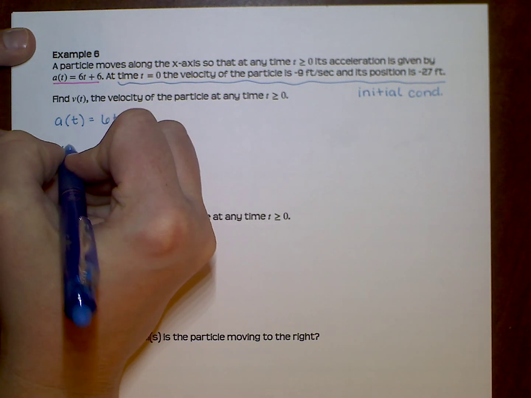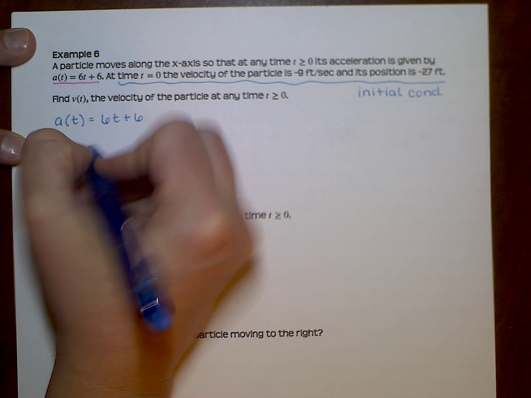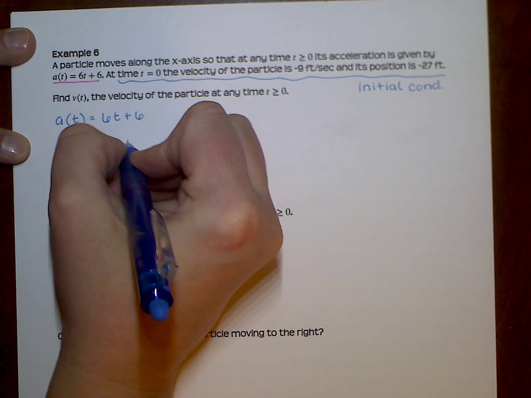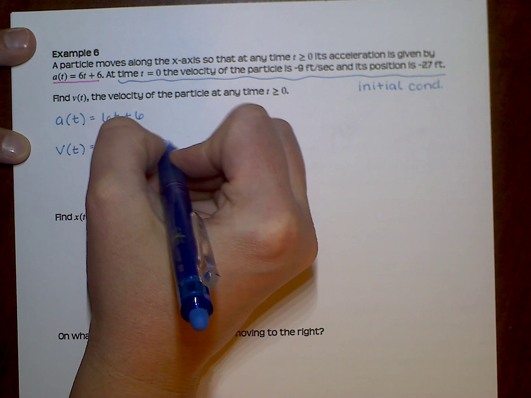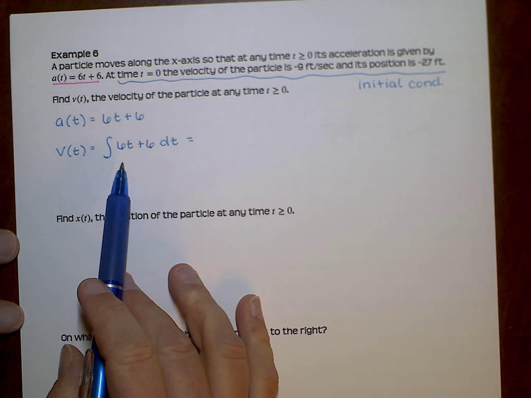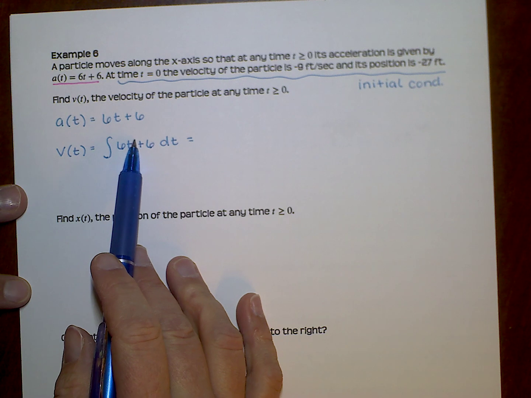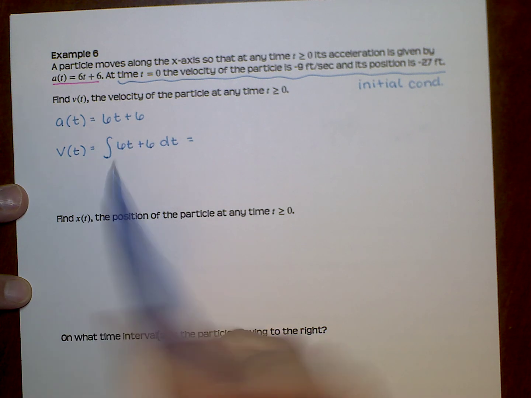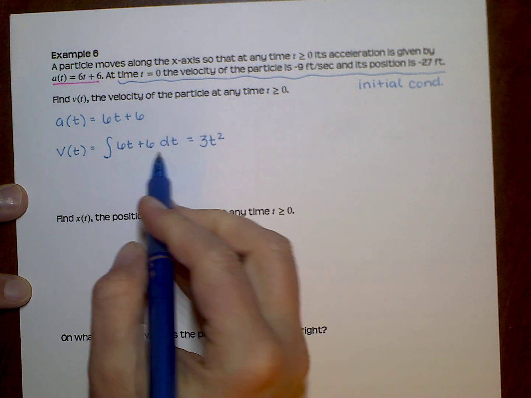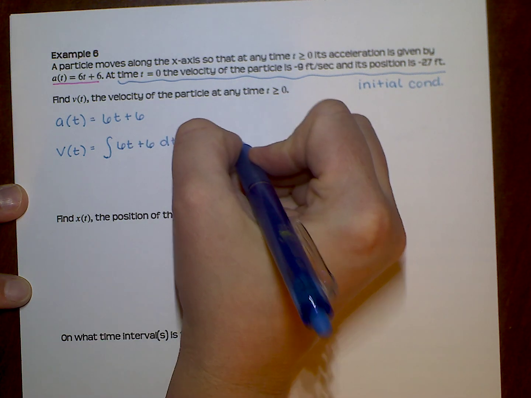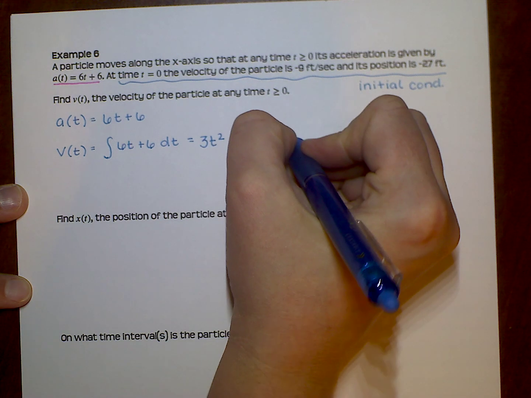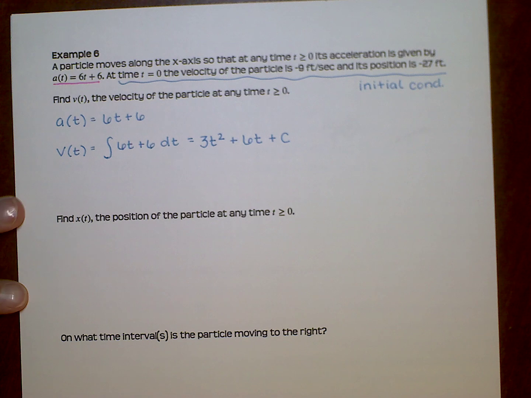My velocity function is going to be my integral, or my antiderivative, of 6t plus 6. Well, let's take that antiderivative. I'm going to add 1 to the exponent. That makes a 2 and then divide. So this is now 3t squared. The 6 is going to become a 6t. And right now, this still has a plus c hanging out at the end, right?